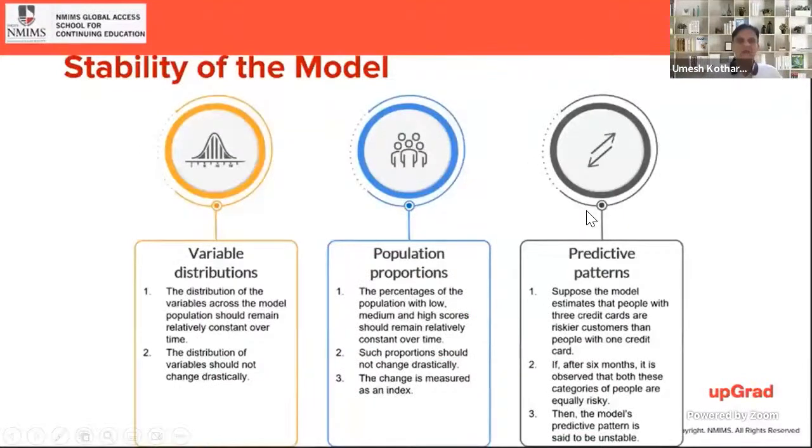Sure, sir. Okay, so stability of the model is dependent on variable distribution, population proportion, and predictive patterns. Now, what do we mean by variable distribution? Which means if you exclude or include any variable, you should be able to predict your model very well.